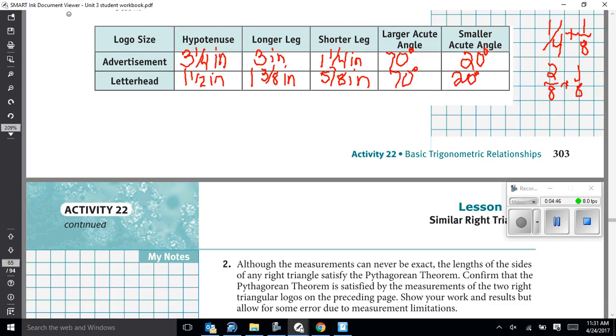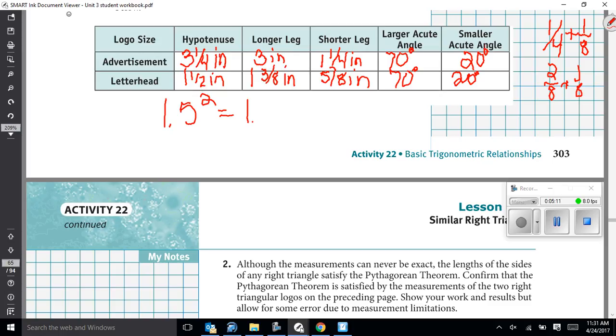The numbers that I'm getting for the second one don't quite match up, because for 1.5 squared, I get something different. So let's look at these measurements again.